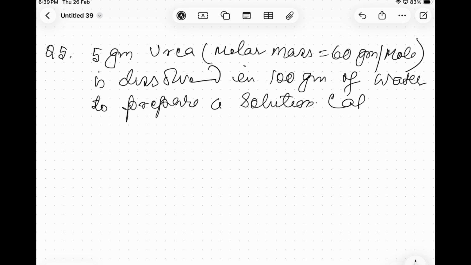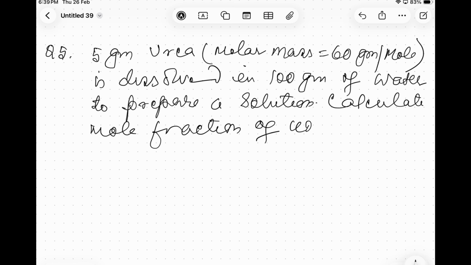Calculate the mole fraction of urea in solution.